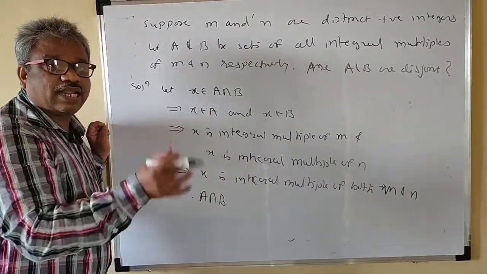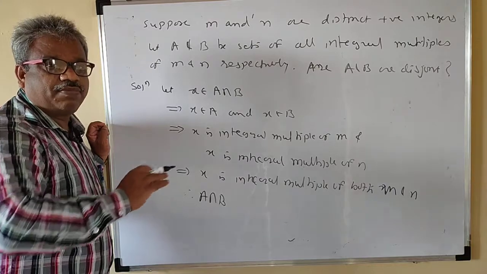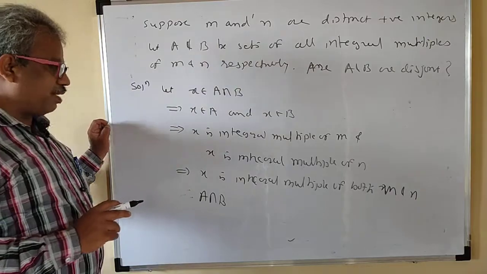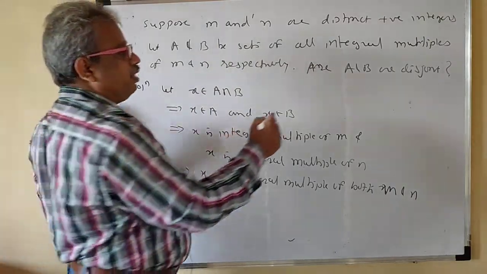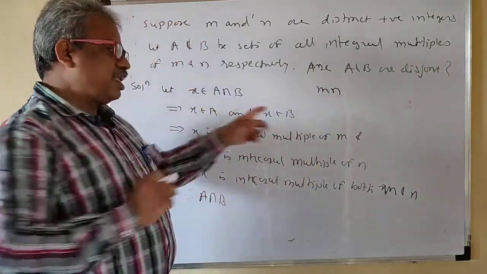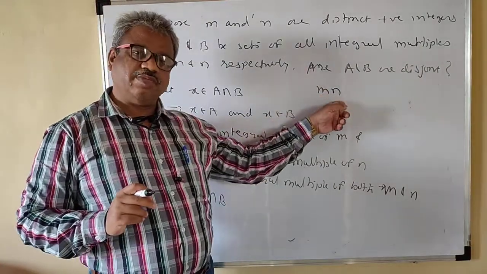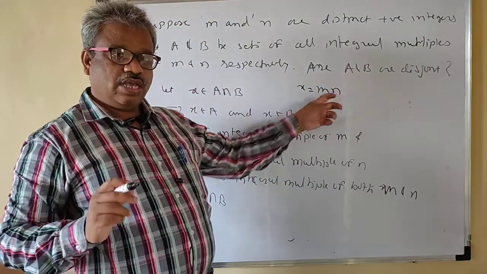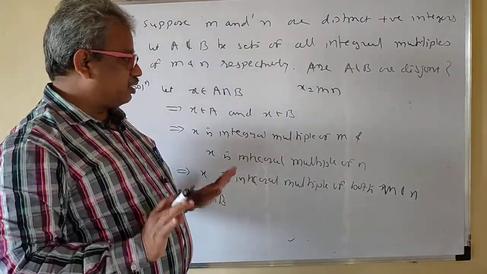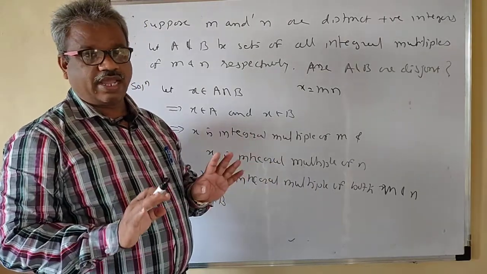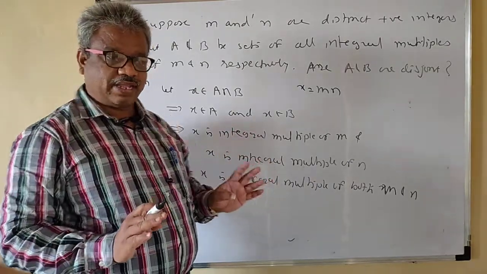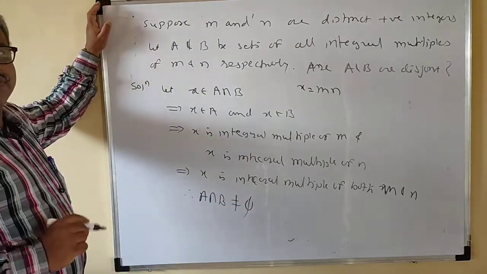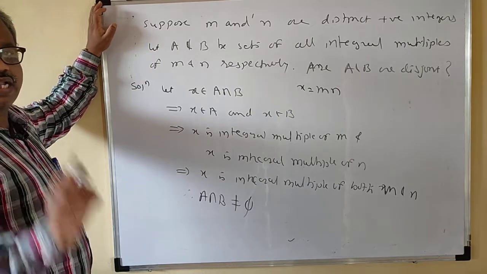When we say A intersection B is empty, there does not exist any element. But here x is an integral multiple of both m and n. There is such an element: mn. This is an integral multiple of m also, and an integral multiple of n also. So x may be mn here, which means there exists an integer which is an integral multiple of both m and n. So A intersection B is not empty.